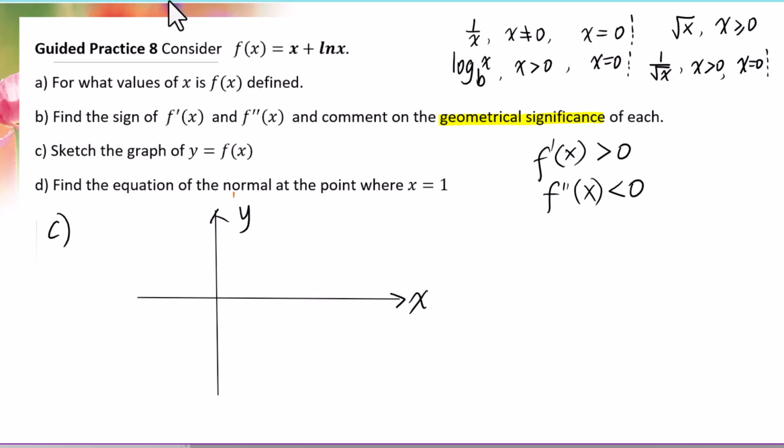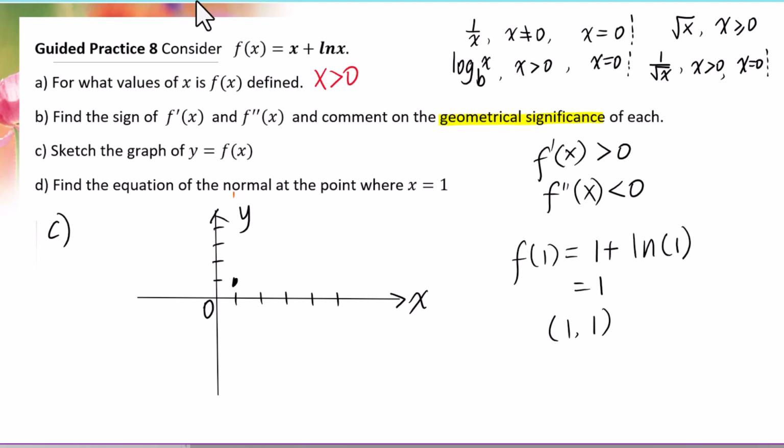On the x, y axes with the origin, get 1 point. f of 1 equals 1 plus natural log of 1. Natural log of 1 is 0, so it equals 1. We will get the point (1, 1). It's here. The domain is x greater than 0 and x equals 0 is the vertical asymptote line.